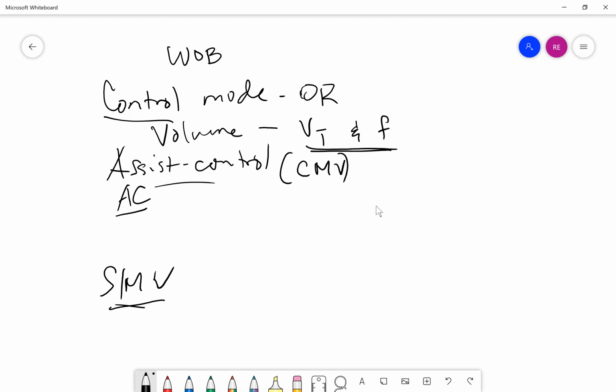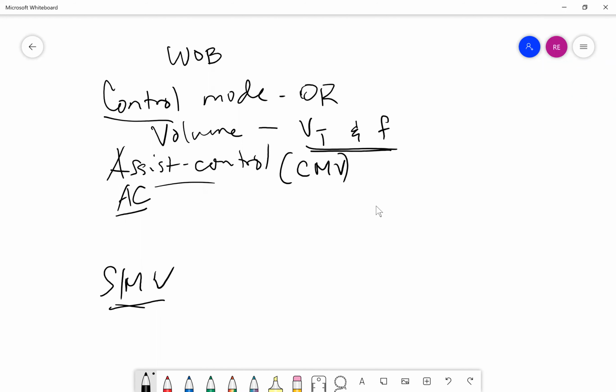Most people, whatever the reason is you decided to intubate the patient, will be put on AC initially, because this is the most ideal, because it has two, like I said, two preset settings. There's a preset tidal volume and a preset frequency.